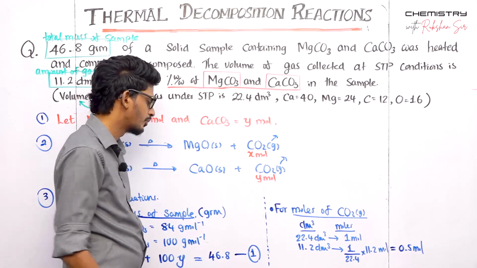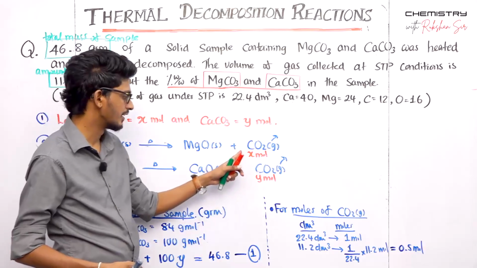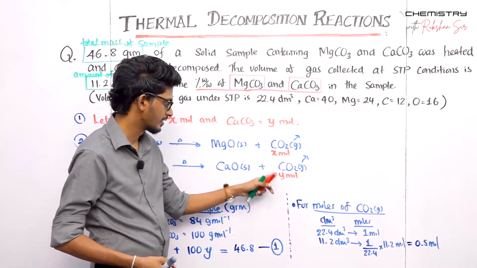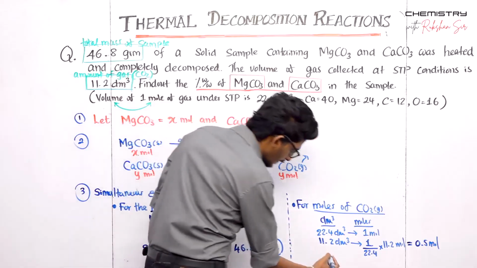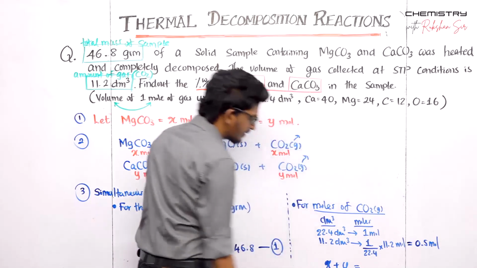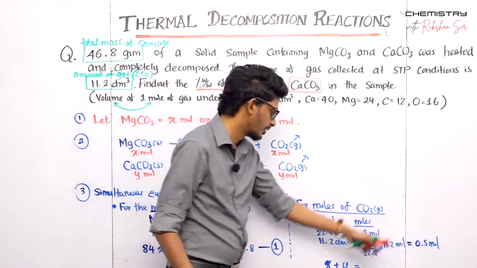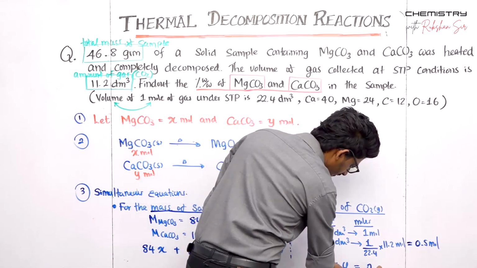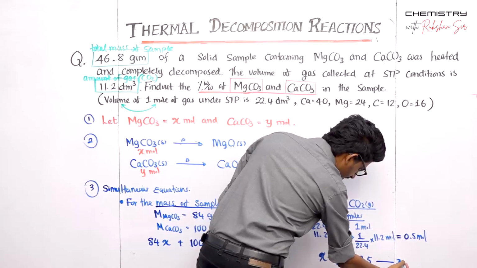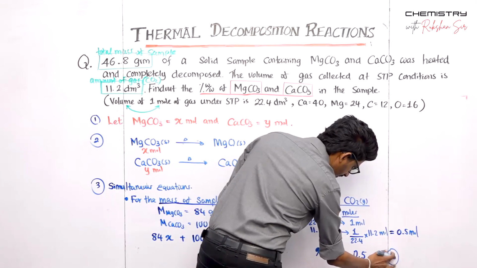The number of moles of CO2 in terms of x and y is x plus y. So that value is now equal to 0.5. That is our second simultaneous equation.